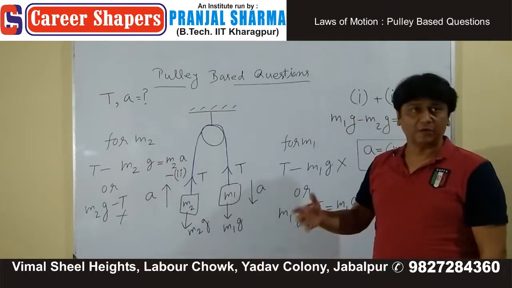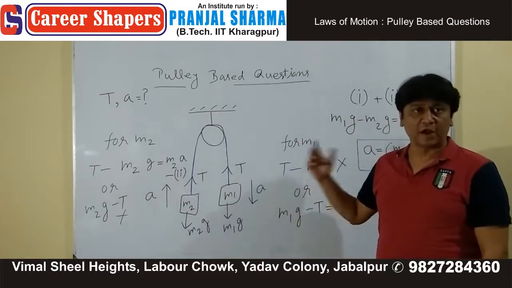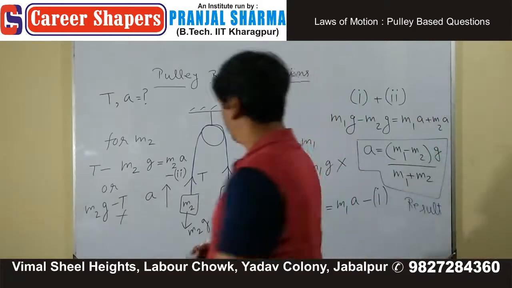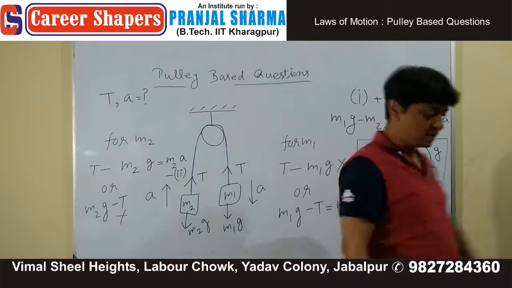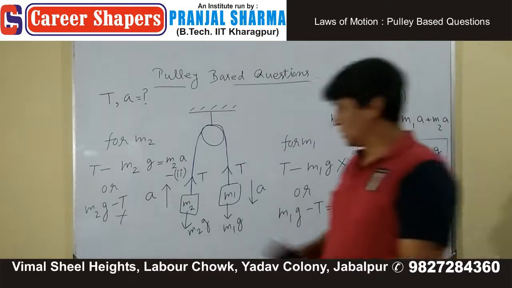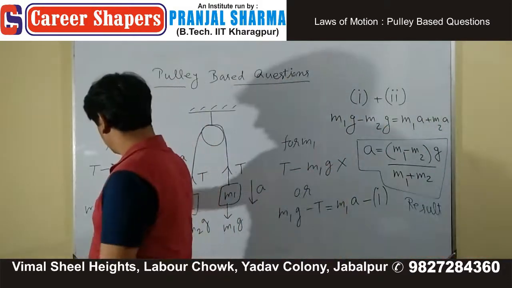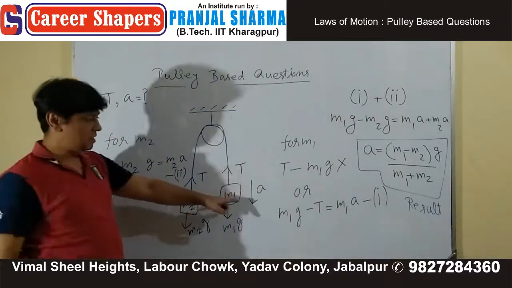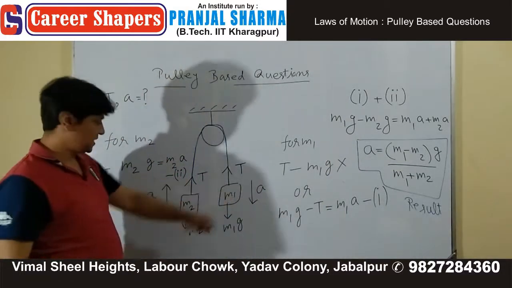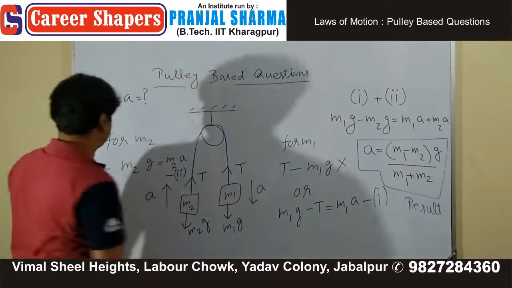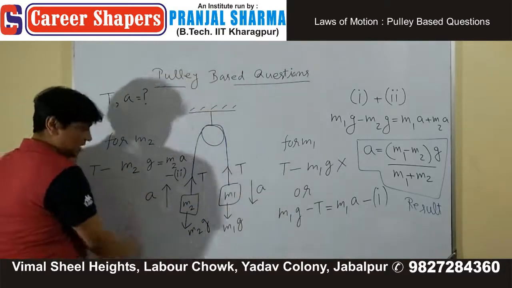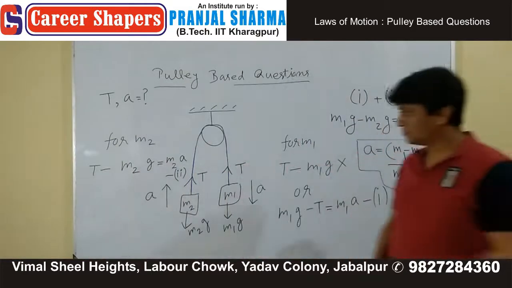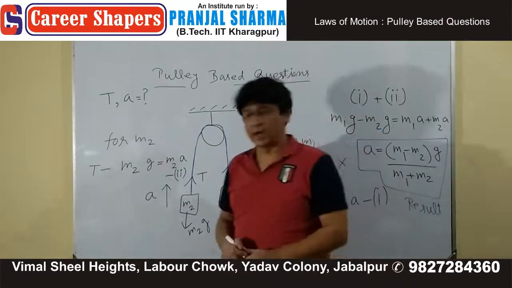If you want to write these equations in vector form, meaning up is positive, down is negative, then again you will get the same result. One of you is asking that if A down is negative, A up should be positive. Something like this we discussed in the previous lecture also. Let me explain the whole thing again.